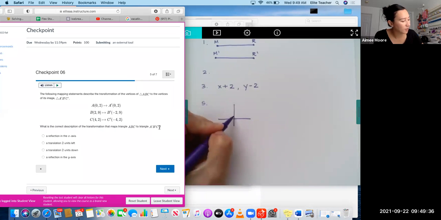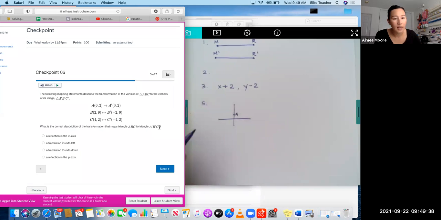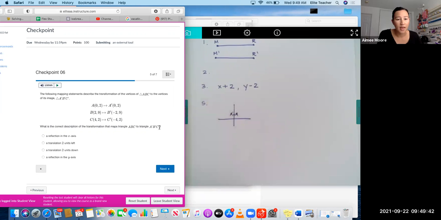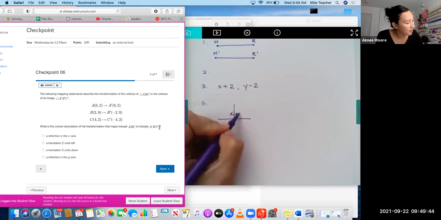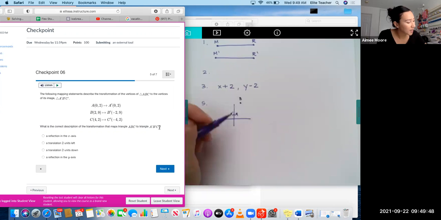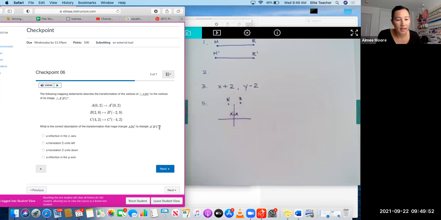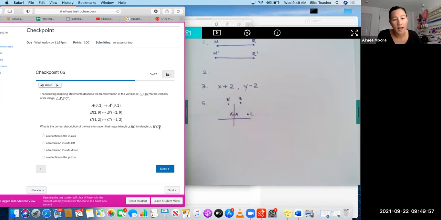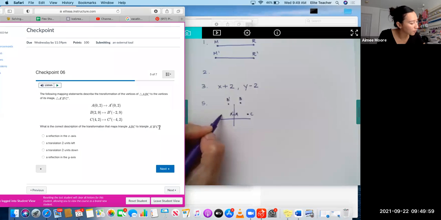A is at 0, 2. There's A. A prime is also at 0, 2. And then B is at 2, 9. And then B prime is at negative 2, 9. And then C is at 4, 2. And then C prime is at negative 4, 2.